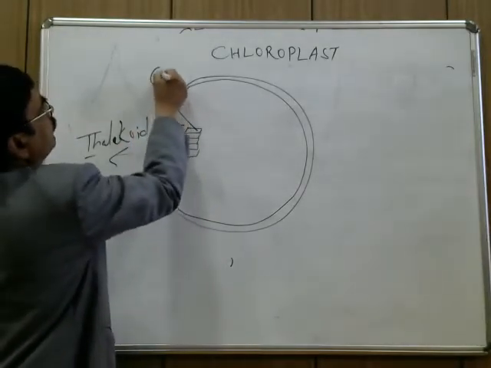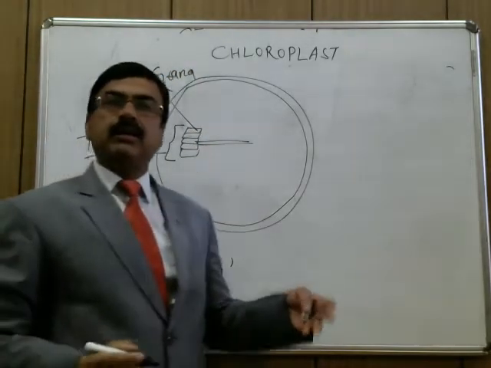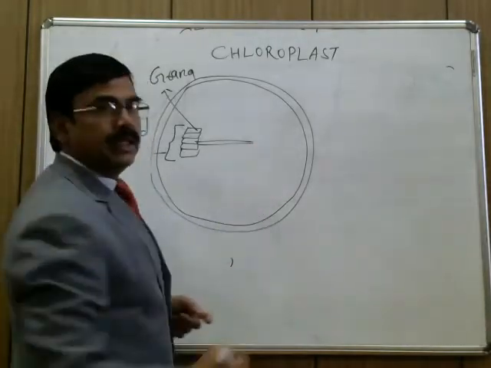One is grana. These thylakoids are connected with the stroma lamellae.